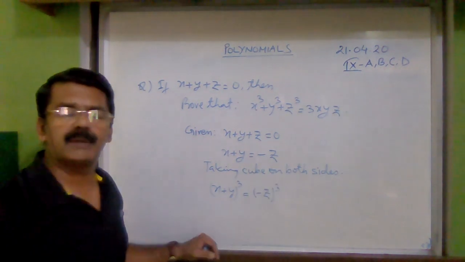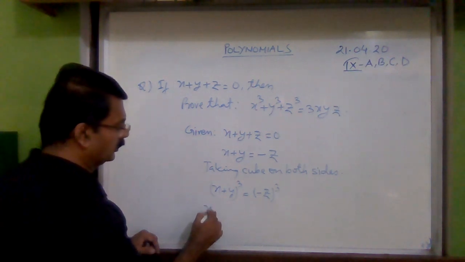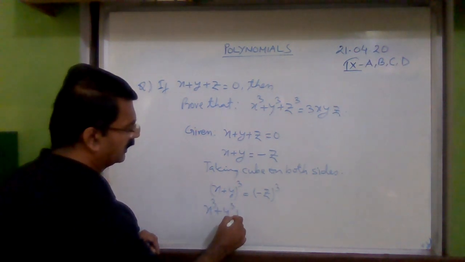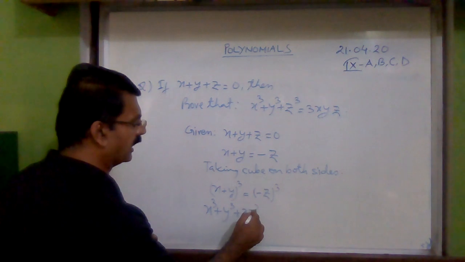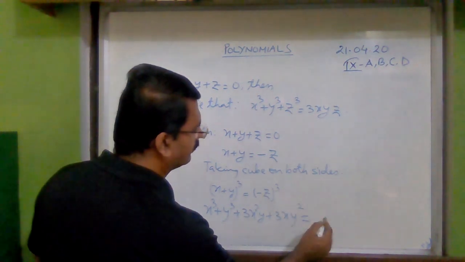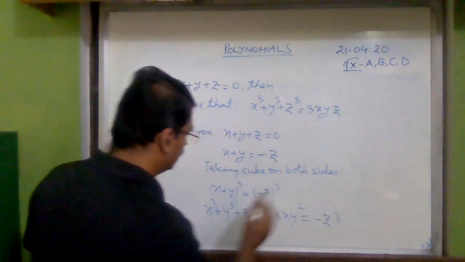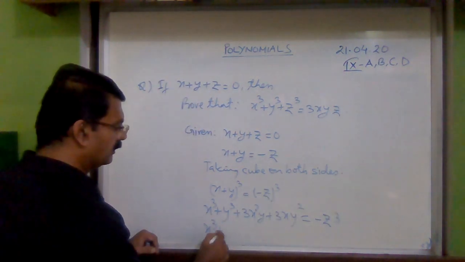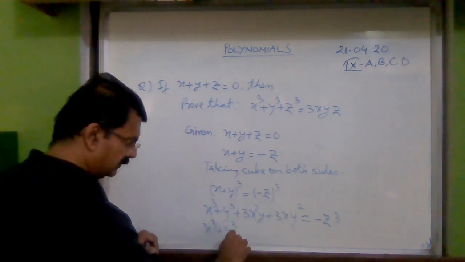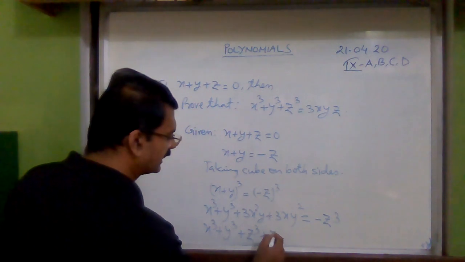Now here you apply the identity of (x plus y) whole cube, which is x cube plus y cube plus 3x square y plus 3xy square is equal to minus z cube. Now bring z cube here, and from these two terms we can take 3xy common.